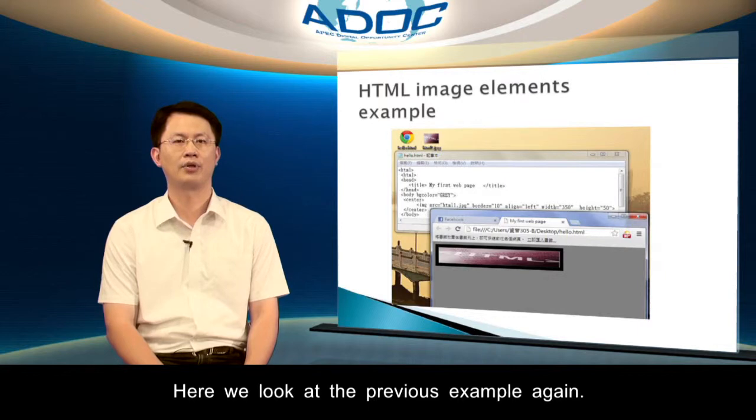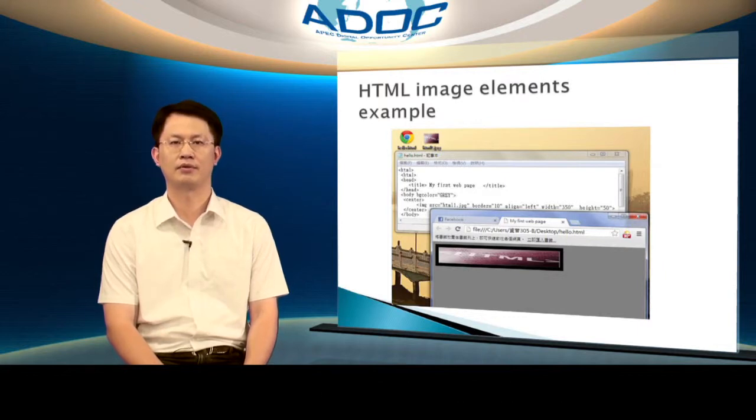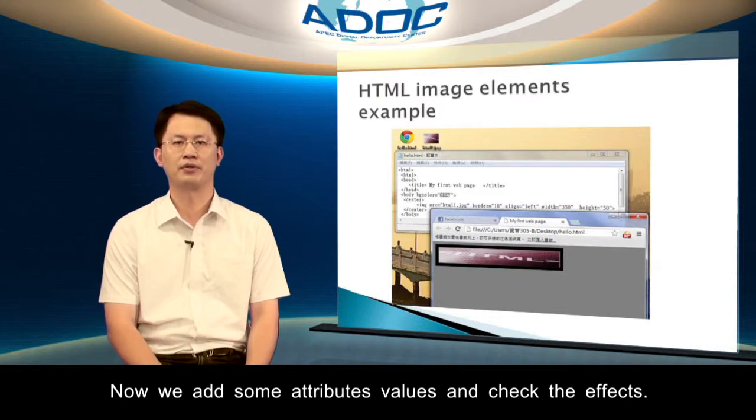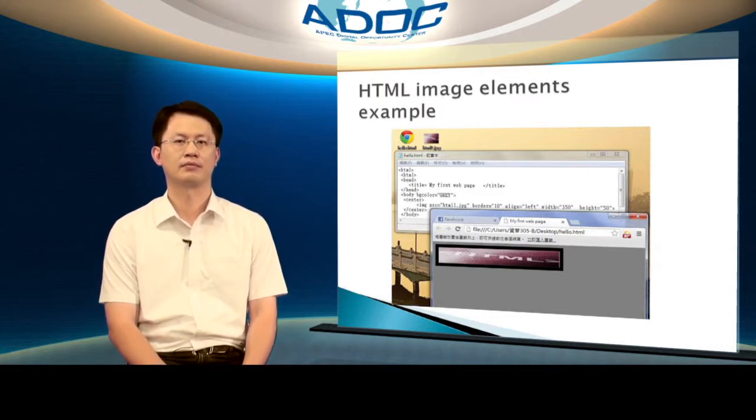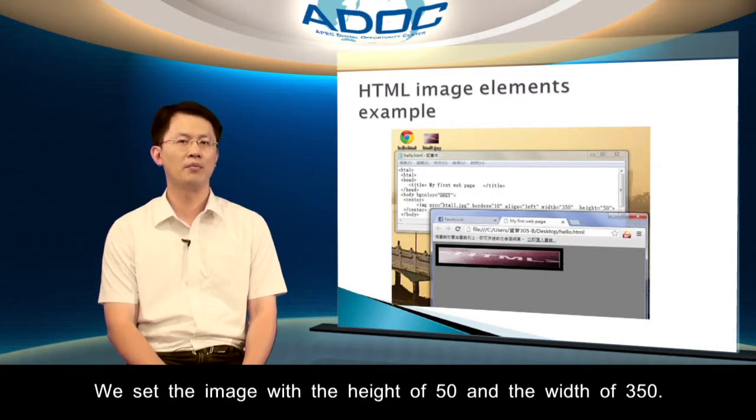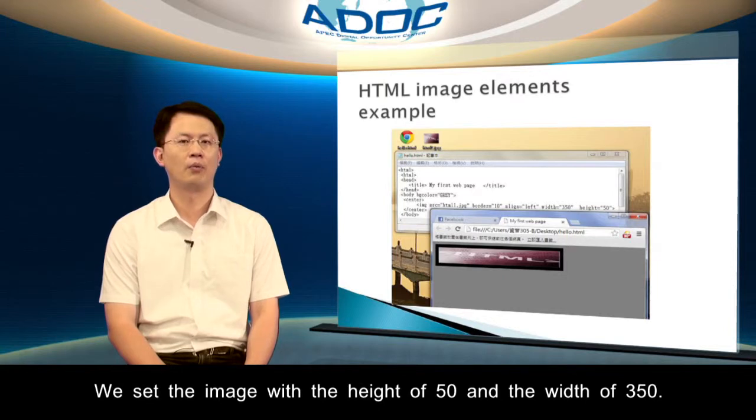Here we look at the previous example again. Now we add some attribute values and check the effect. We set the image with a height of 50 and a width of 350.